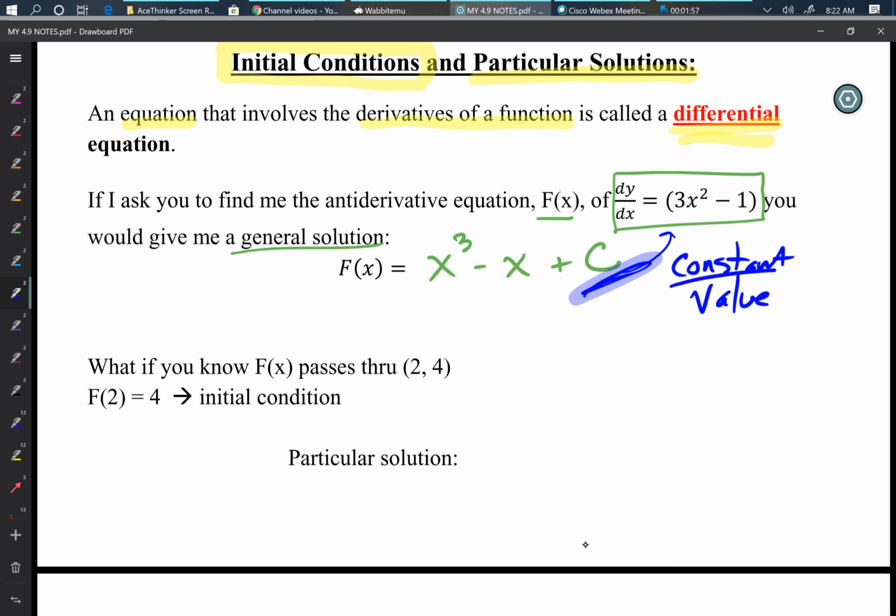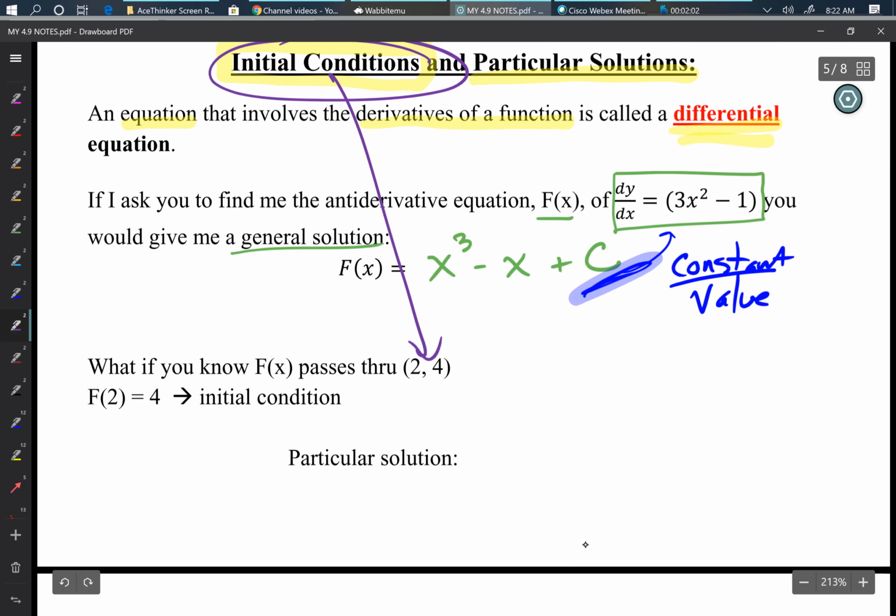But what if you were given an initial condition that the original function passed through the point (2, 4)? Now remember, whenever you're given a point, an x, y, that could also be thought of as a point x comma f of x, which for this one is 2 comma f of 2.